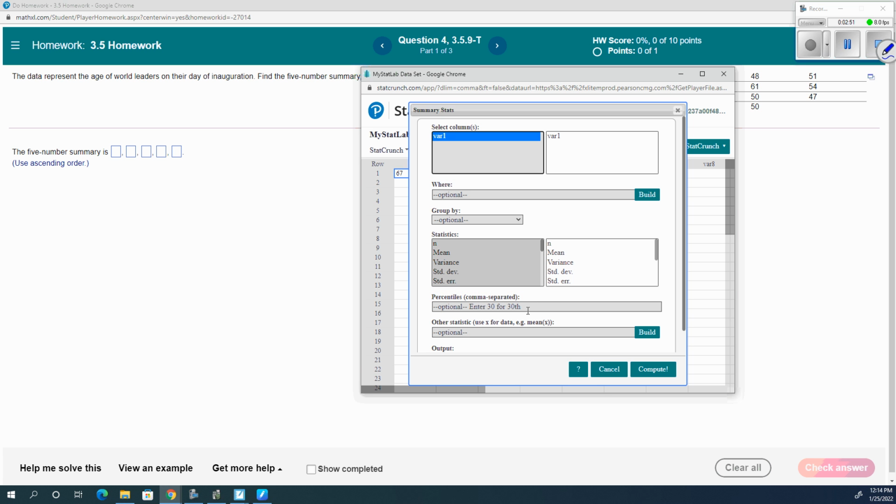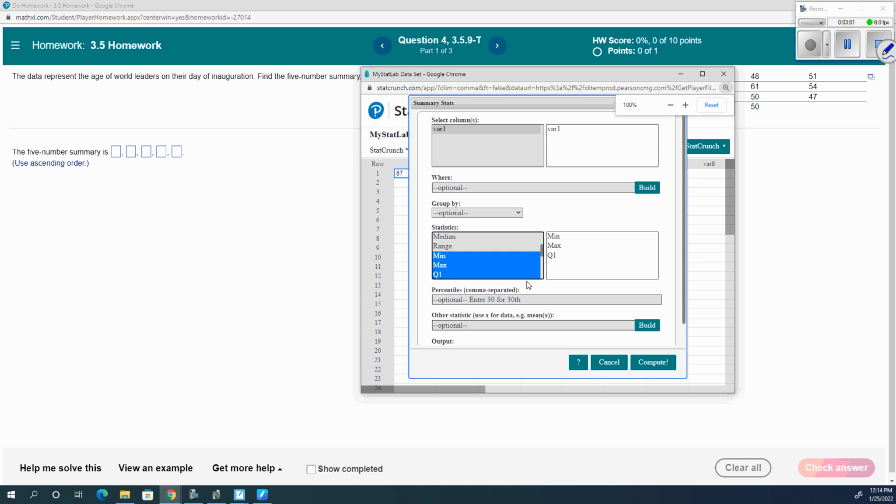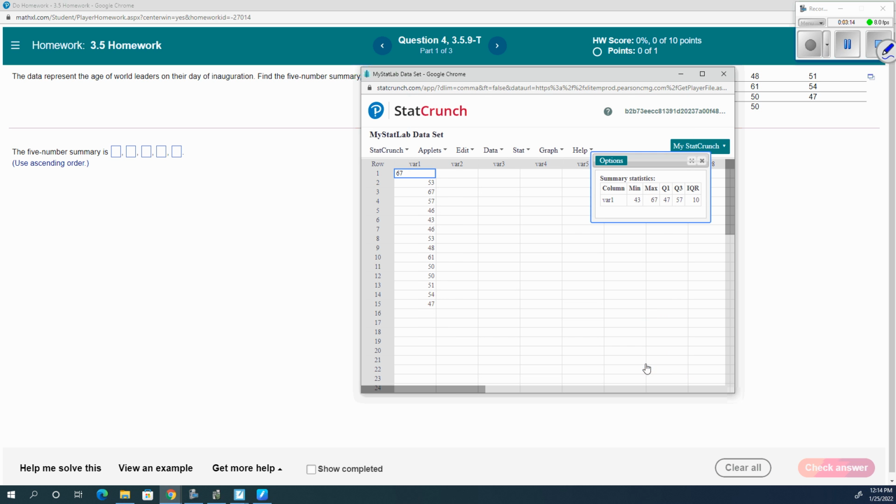Then I scroll down and I can see there's my minimum, my maximum, my quartile 1, quartile 3, and sometimes you might need the interquartile range. Later on today we'll need the interquartile range, IQR, so I'm just going to select that. And then I hit compute, and then I have my data right here.